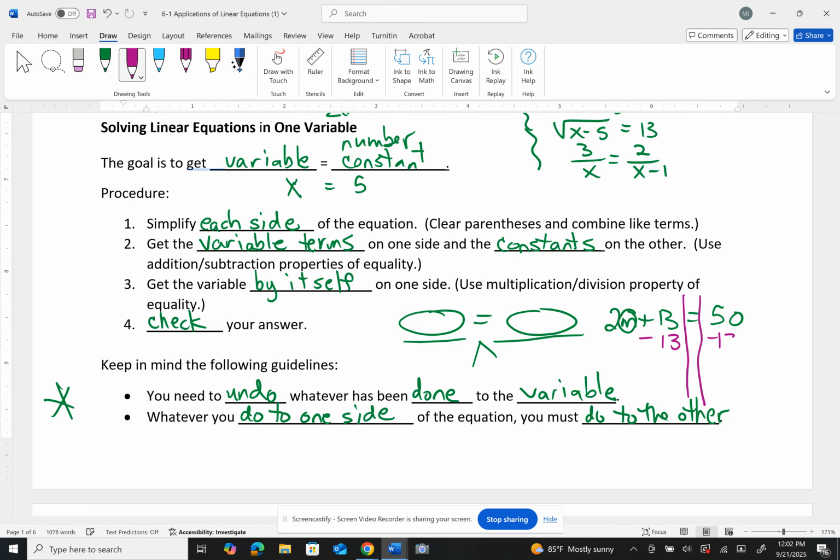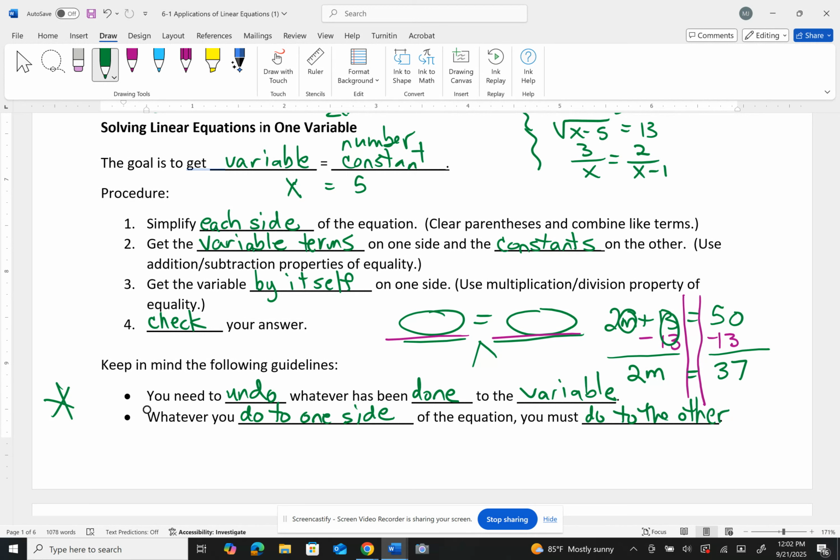Then I need to do that to the other side so that I can keep it balanced. Think about that seesaw. All right, so my result at that point would be that the 13 is gone because 13 and negative 13 cancel out. You get a 0 there. So I have 2m plus 0 equals 37. So 2m would be 37.